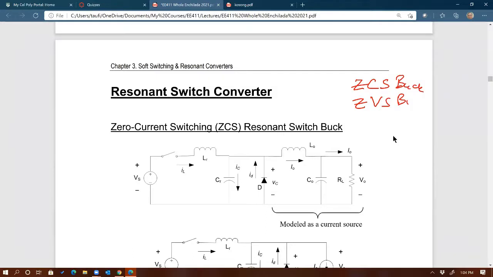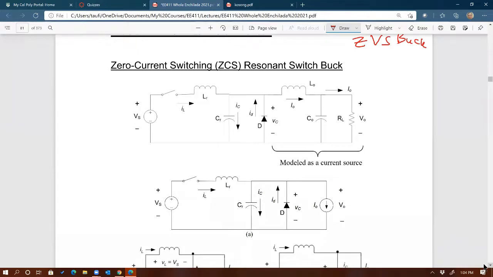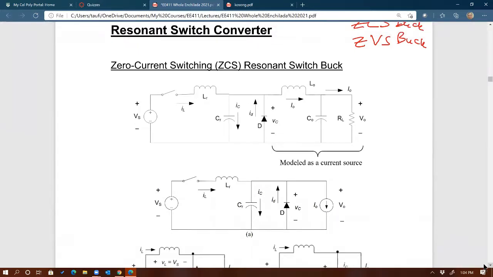If you understand how these two operate and how we can apply the concept of resonance to the circuit, then it doesn't matter what other resonant circuits you come across. It'll be the same type of analysis, same approach, same methodology to look at the circuit, or to understand the circuit. All right, so let's start this one.